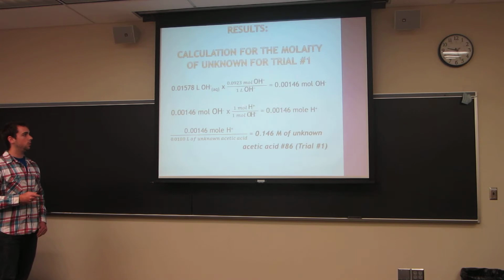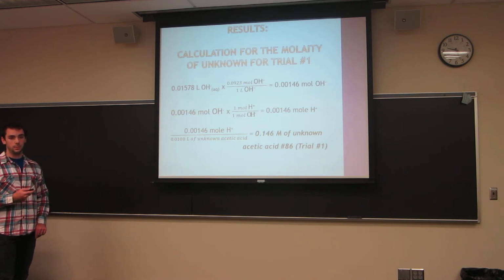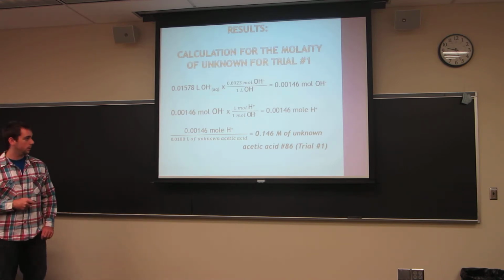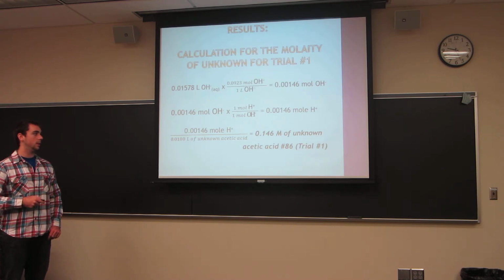And once you find the moles of the OH, you can use the stoichiometric ratio to find the moles of the H+. And once you find the moles of the H+, you just divide that by the liters of the unknown acetic acid that we used, which was 10 milliliters, so 0.01 liters. And that gave us the molarity of the unknown acid.